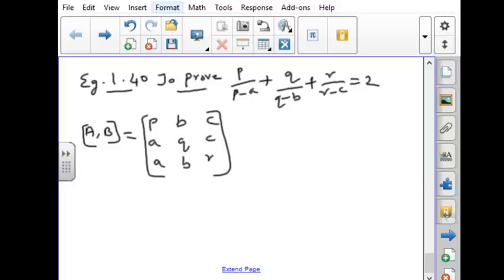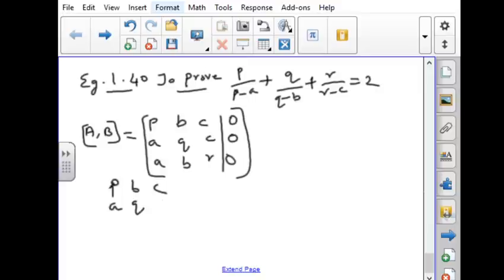Because it is non-trivial, we get the determinant of this is equal to 0, that is, the determinant of P, B, C; A, Q, C; A, B, R is equal to 0, because the system has a non-trivial solution.